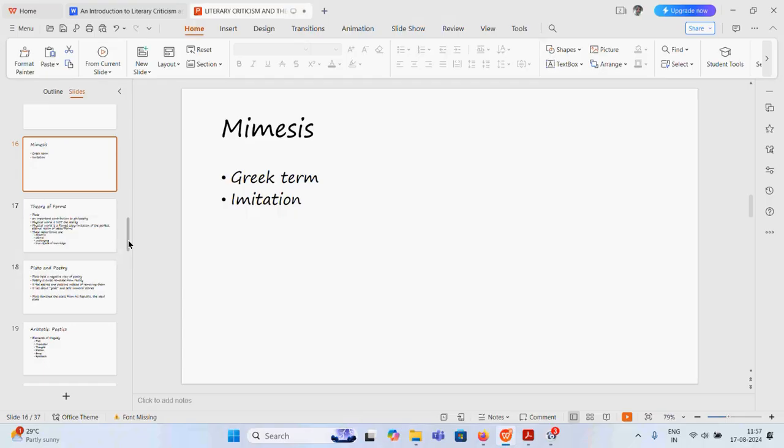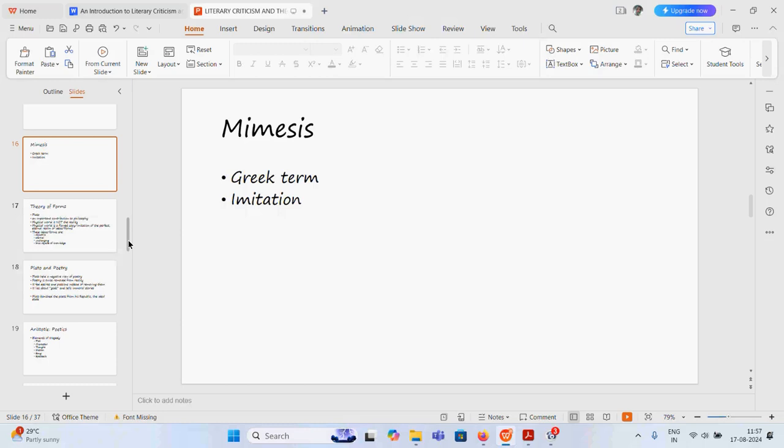Let us, for example, take the idea of a chair. Let us say a poet wants to talk about a chair. All of us, when we are having this class, I'm sure each one of us is seated on a chair.